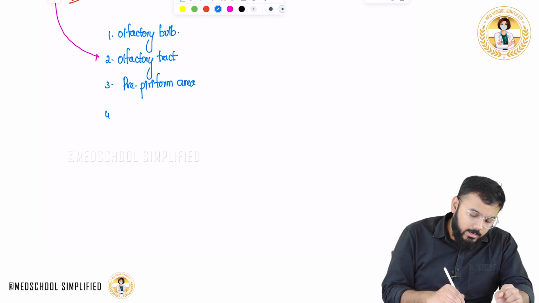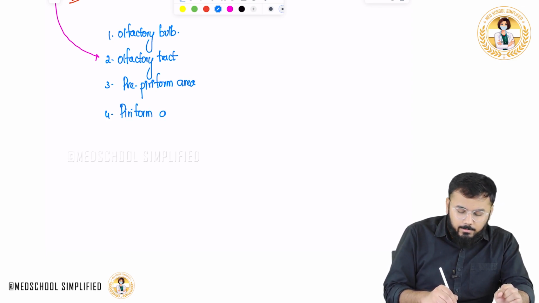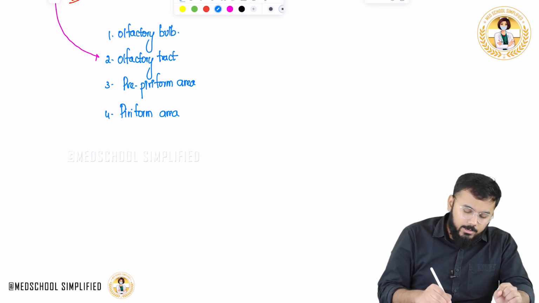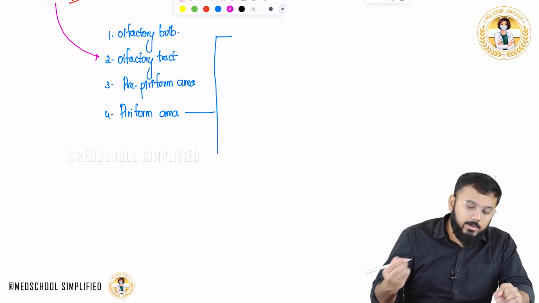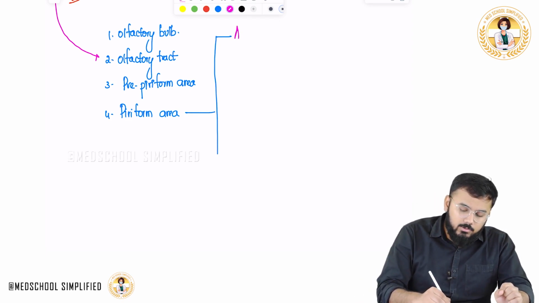After the pre-piriform area you have the piriform area. You even need to know one very important thing, that this piriform area is divided into some more areas. For example, one is called the anterior perforated substance.